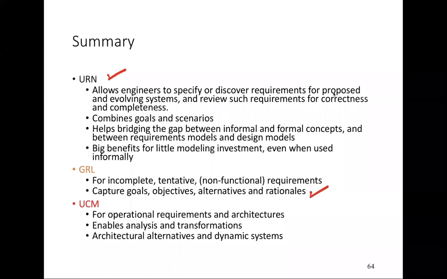And we gave brief information about the UCMs, which are commonly used for operational requirements and architecture. And they help in the analysis and transformation of information from scenarios and even connect to goals. They are also used to identify architectural alternatives and dynamic systems in the design phase.